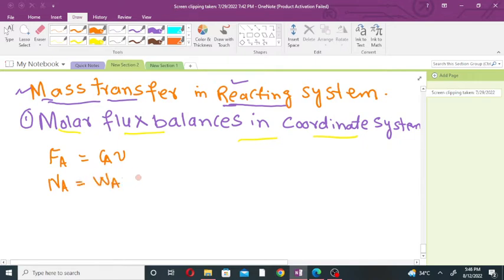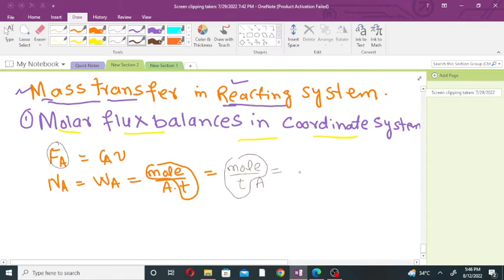So Wa is the molar flux of component A, and molar flux is nothing but moles of component A passing through area A in time T. This mole per unit time is the molar rate of component A, Fa, and this is the area through which component A is transferring.